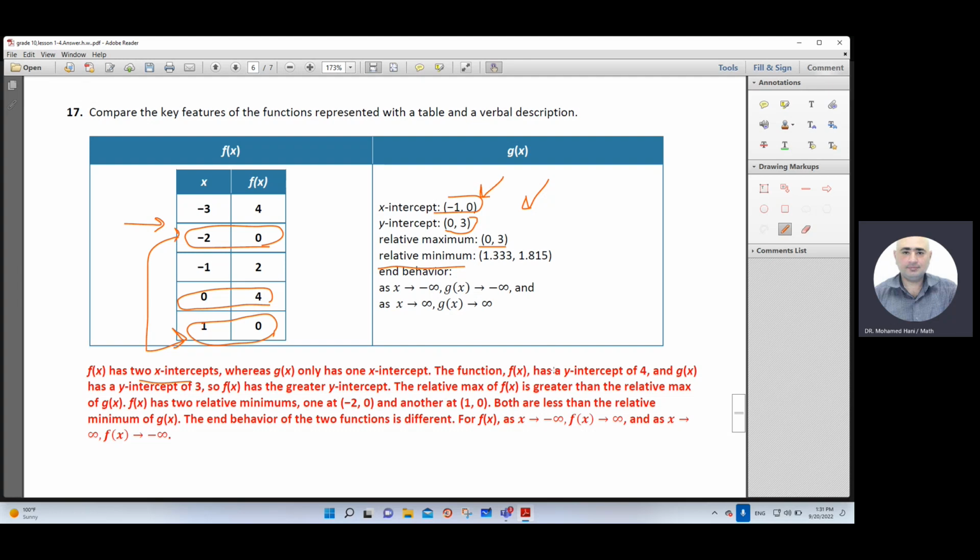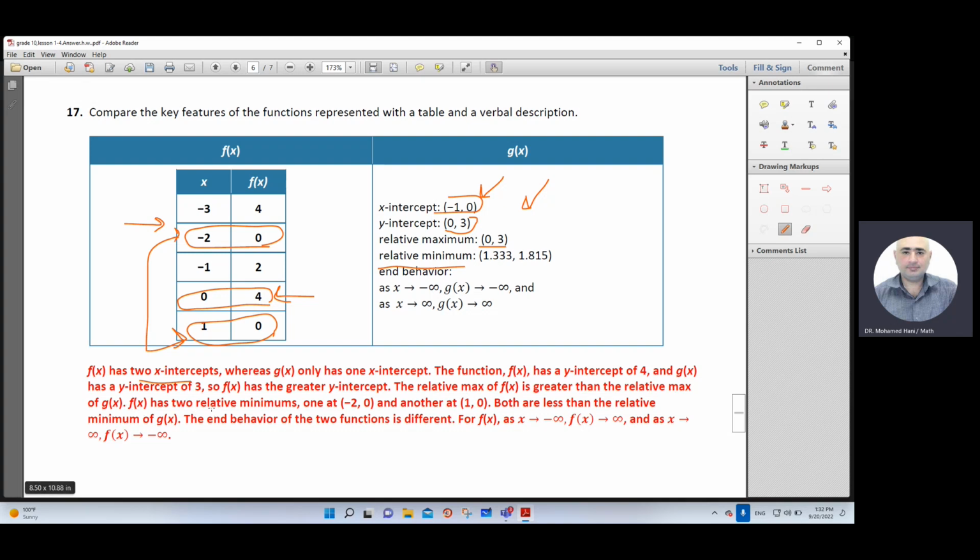The function f(x) has a y-intercept of 4 here, greater than the relative max of g(x), as you see here, 3. So if f(x) has a greater y-intercept, the relative max of f(x) is greater than the relative max of g(x).